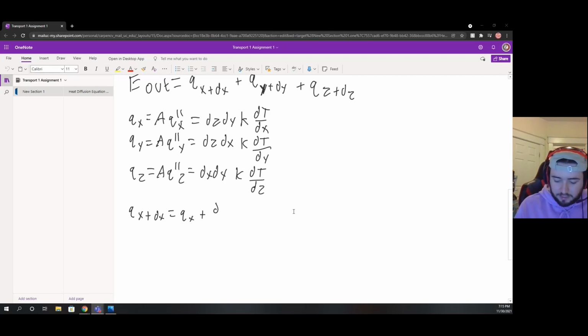It's going to be the heat flow in the x direction plus the partial differential of that heat flow in the x direction over the partial differential of x times dx. And same for the y and z. I'm just going to write those out really fast.